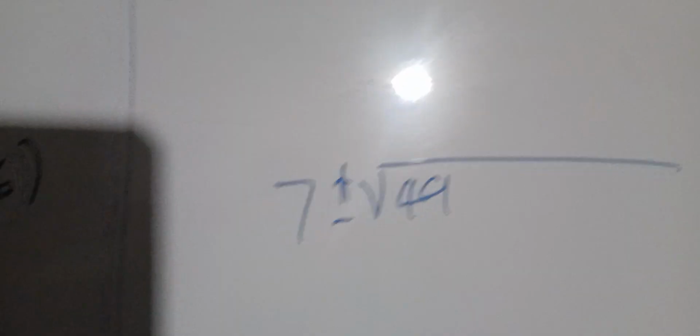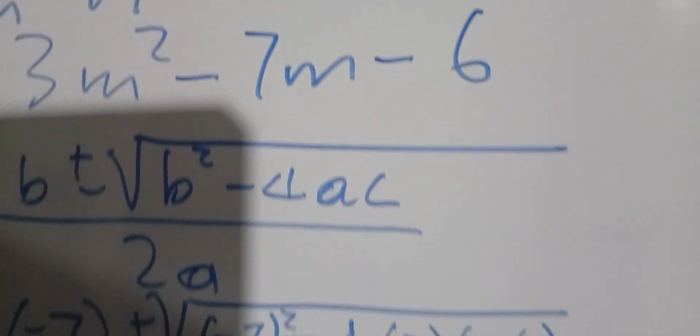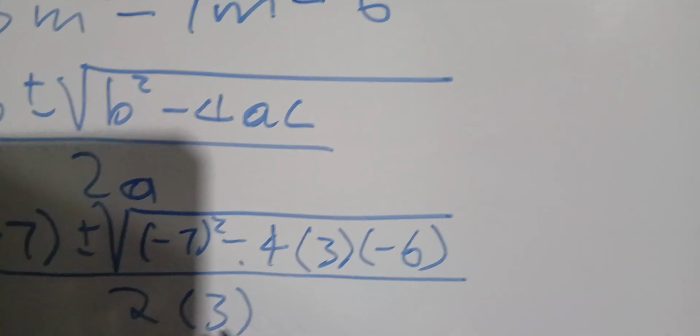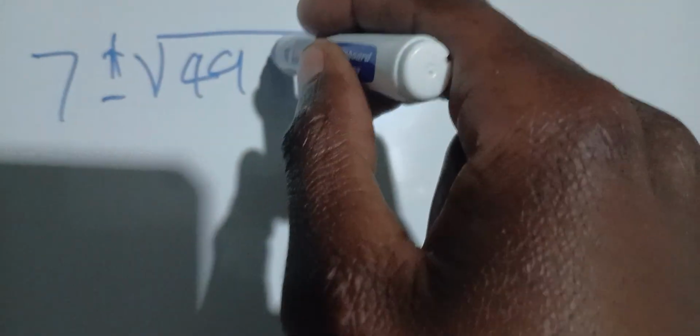49. So we need to come back here. We remember we have a negative and a negative, which is going to be positive. So I'm going to have a plus.